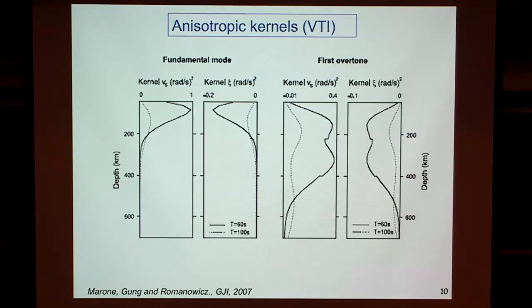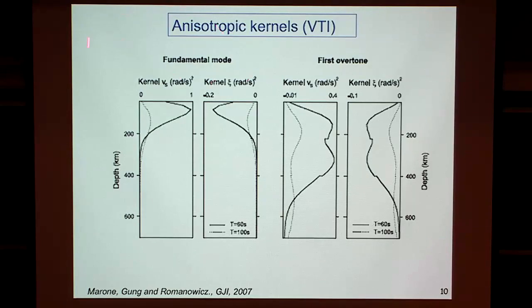What you need to be aware of is that extracting an anisotropic signal, even this one parameter xi, VSH over VSV squared, is more difficult than extracting the isotropic part of the velocity, because the sensitivity of the waves is lower than for isotropic velocities. These are kernels. We introduced kernels in previous lectures, so it's the sensitivity of particular waves.